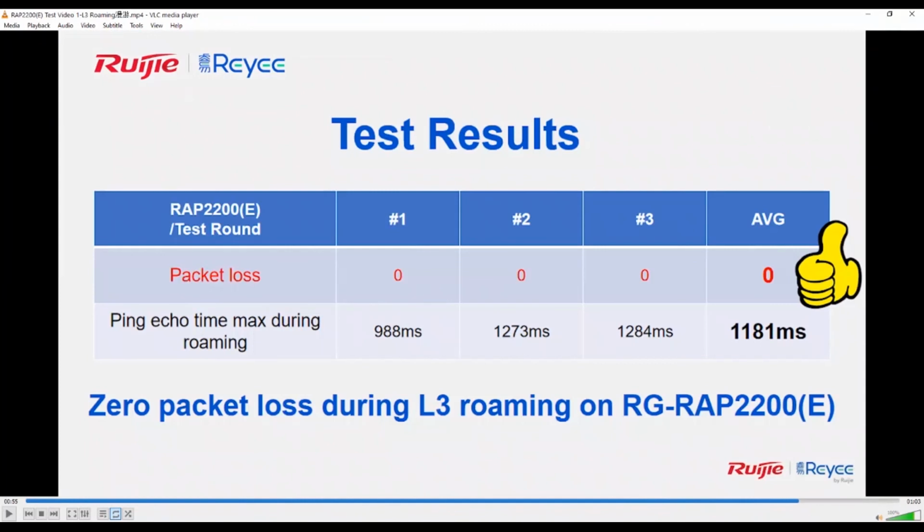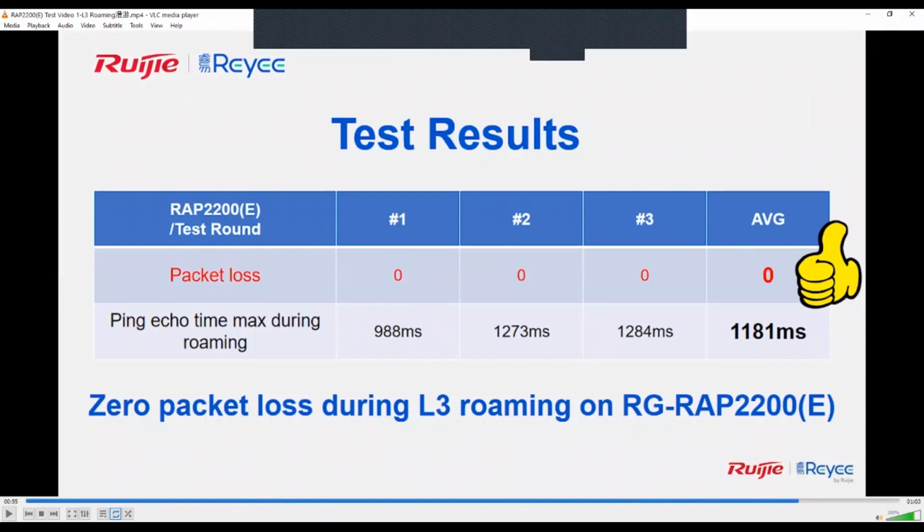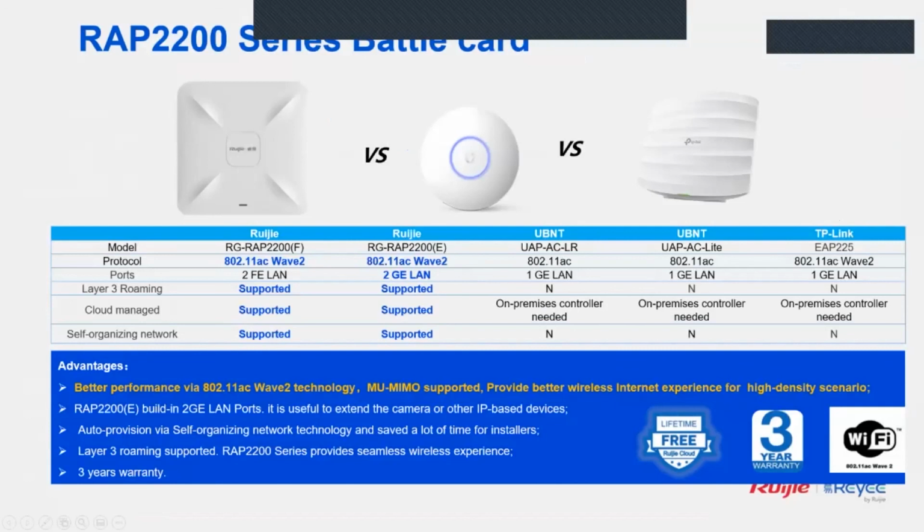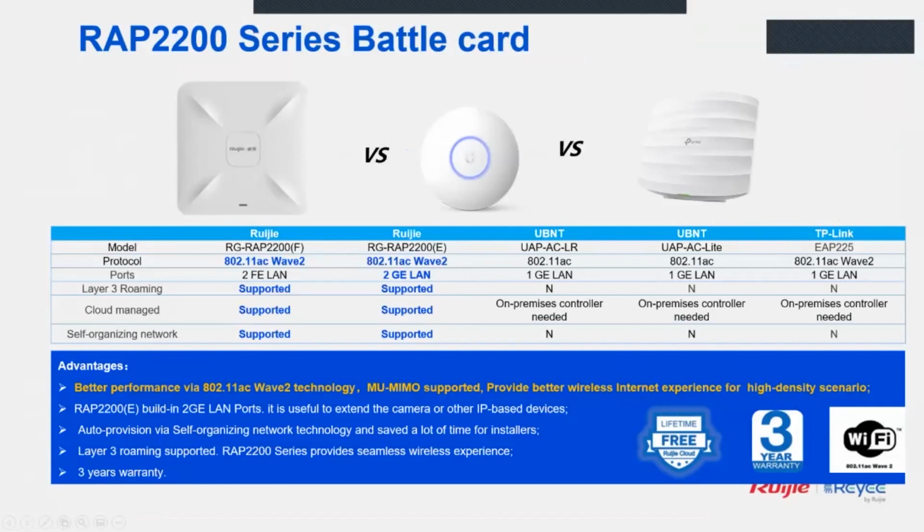Here you can see Reyee can also do layer 3 roaming without any packet loss. So now you can freely move around your office, around your hotel without any interruption. Okay, now I go back to the slide. Compared to Unifi, the level of RAP2200 may be similar to AC-LR and AC Lite.